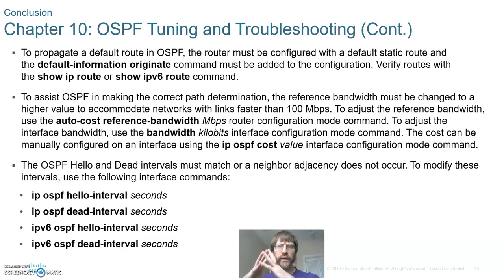So if you need your network to meaningfully discriminate, and this is discrimination in the good sense of making a valid choice, not prejudice, you have to set that reference bandwidth.